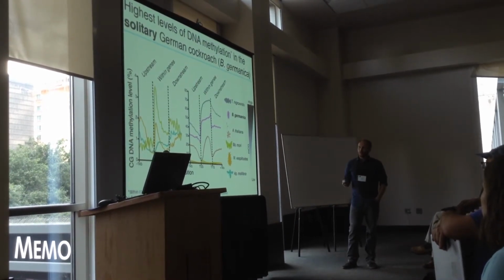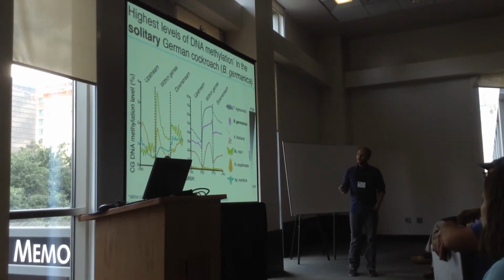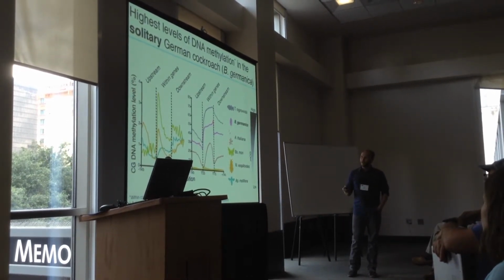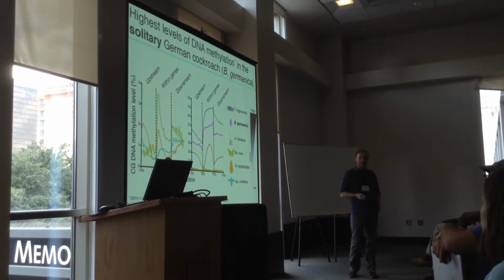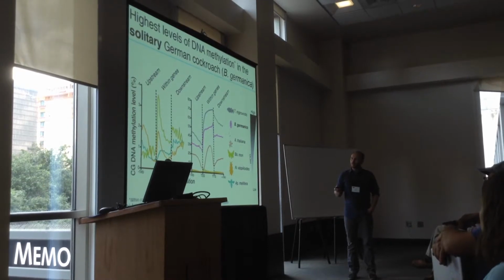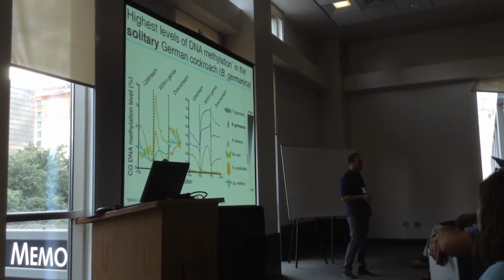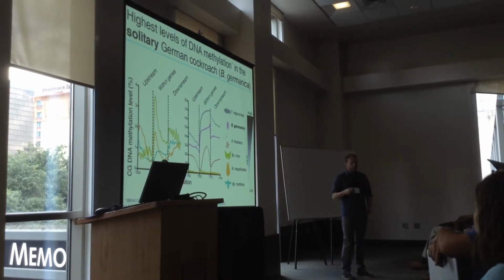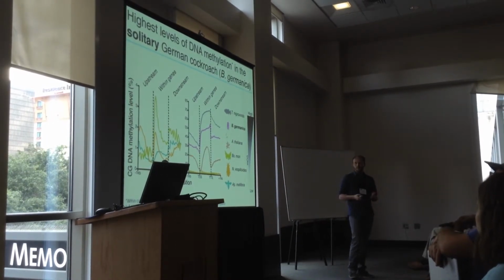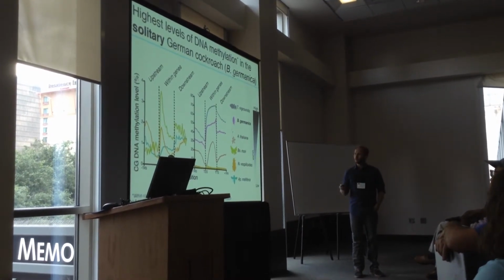Over here, though, the y-axis goes from 0 to 80% methylation, so this plot is really squished down. And you can see that the German cockroach lies nicely between Arabidopsis and the pufferfish, and qualitatively, the distribution of DNA methylation across these regions in cockroach is more similar to that of a vertebrate than to an invertebrate. So we're pursuing why that might be, and other genomic nuances of the cockroach genome, and whether or not it's more similar to a vertebrate than an invertebrate.